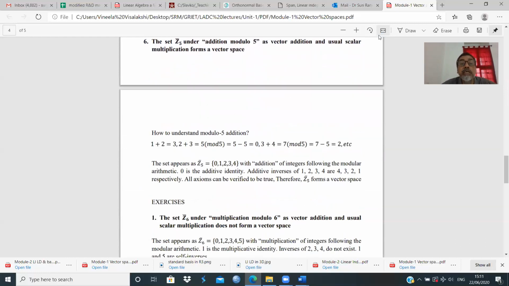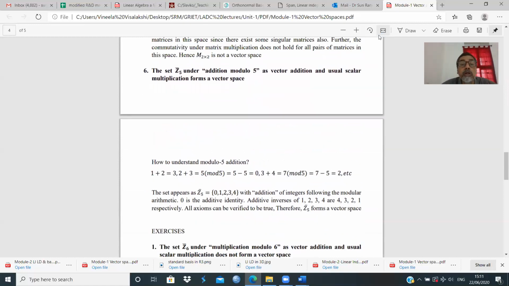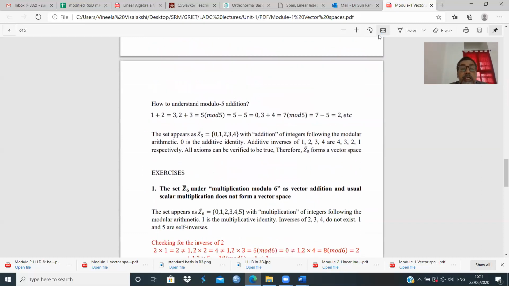Example 6 is an interesting example where we talk about a new set called Z5 bar consisting of the elements 0, 1, 2, 3, 4. And here the vector addition is defined as addition modulo 5 and usual scalar multiplication. To explain how the addition modulo works, let us take some elements and test. 1 plus 2 is 3 and 3 is very much inside the set, so nothing to worry.